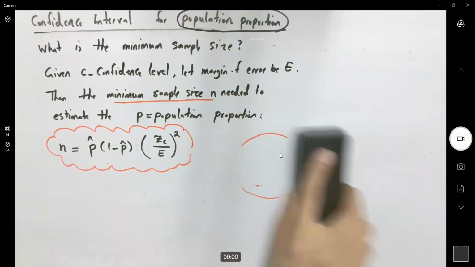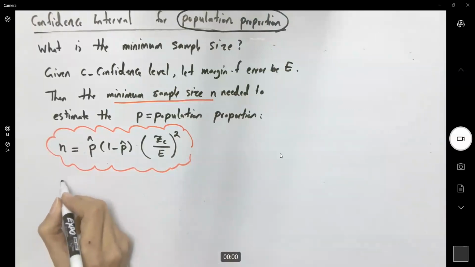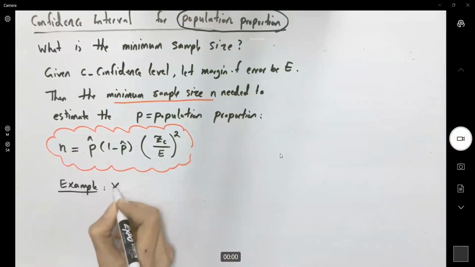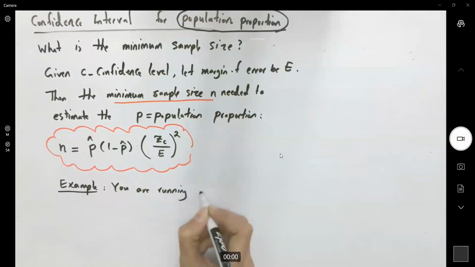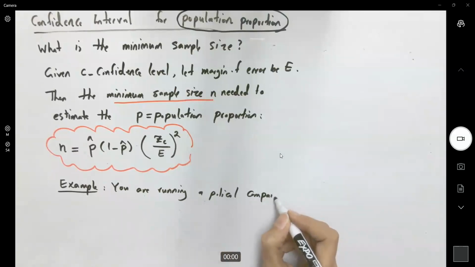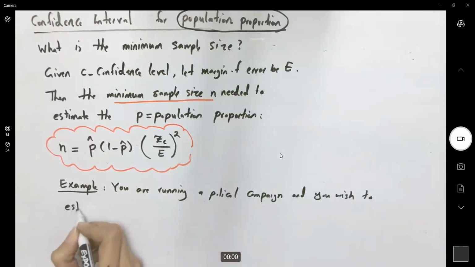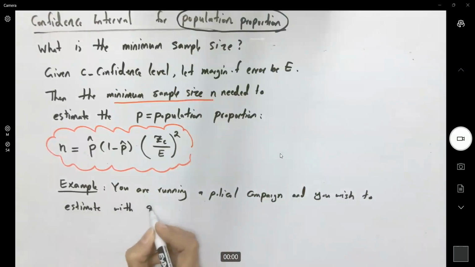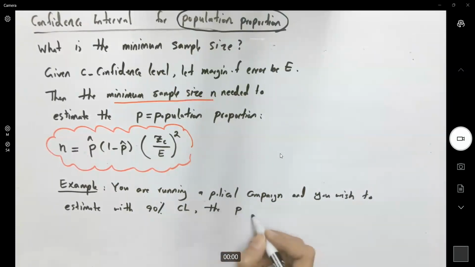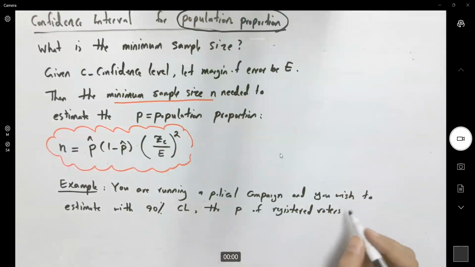This example says, you are running a political campaign, and you wish to estimate with 90% confidence level the population proportion of registered voters who will vote for your candidate.